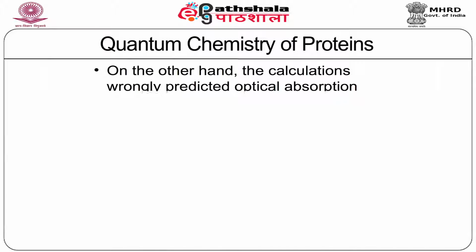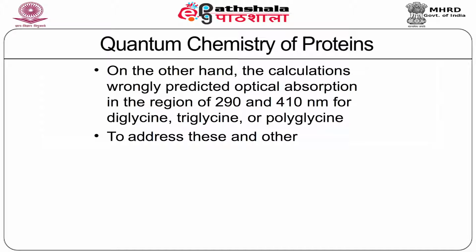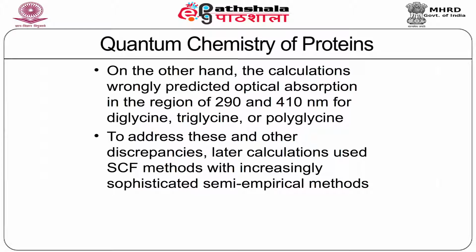On the other hand, the calculations wrongly predicted optical absorption in the region of 290 and 410 nanometer for diglycine, triglycine or polyglycine. To address these and other discrepancies, later calculations turned to SCF calculations with increasingly sophisticated semi-empirical methods.